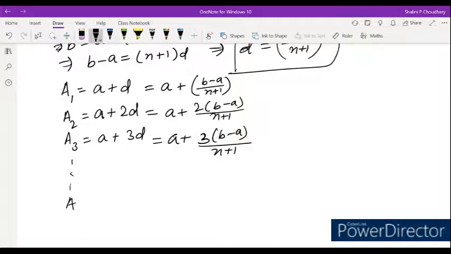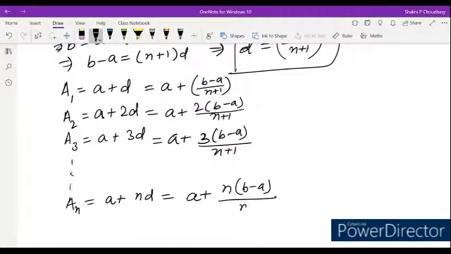So a n will be equal to a plus n minus, this is the n plus 1th term, so n plus 1 minus 1 will be n d. So a plus n into b minus a upon n plus 1.